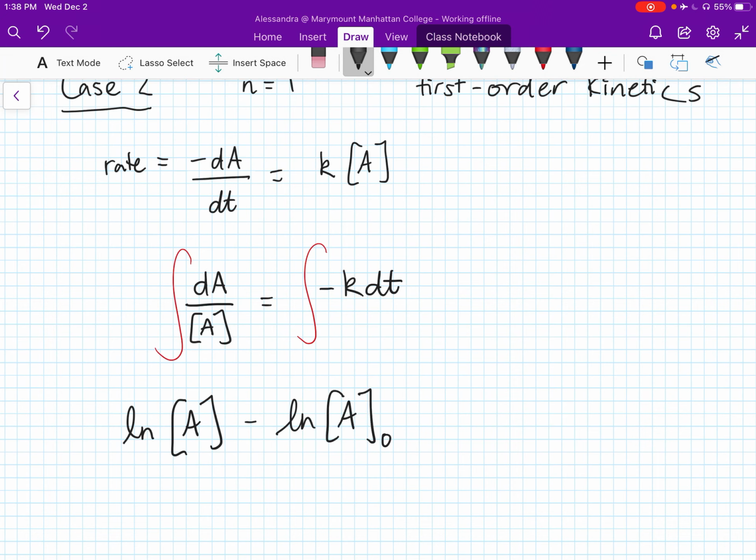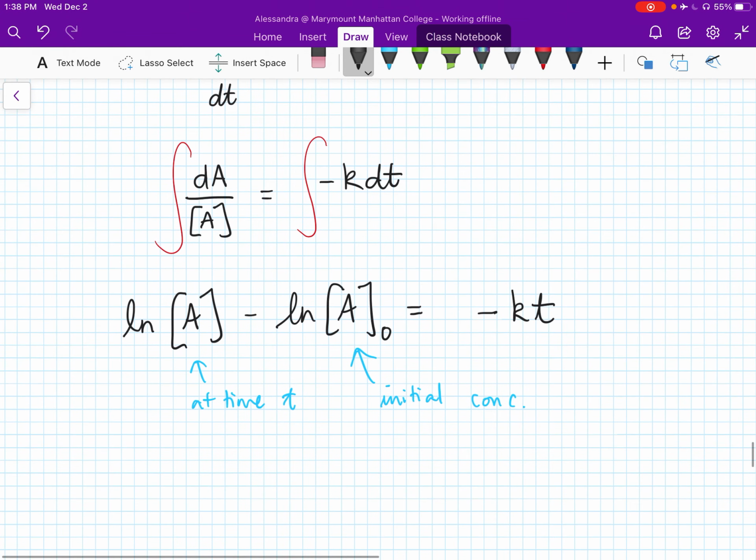So this is going to be the natural log of A at time t, the concentration at time t, and A sub 0 is the initial concentration. So that's the left side of the integral. And that is going to be equal to minus kt, taking the integral of the right side, the integral of minus k dt.